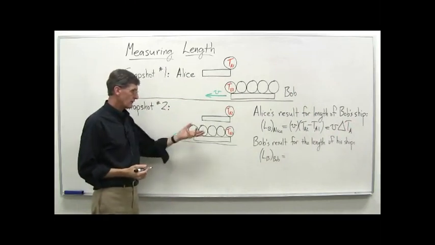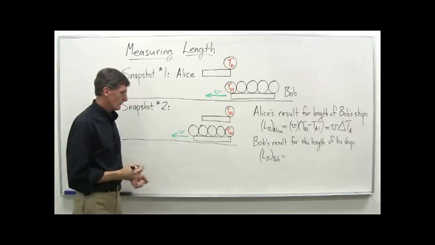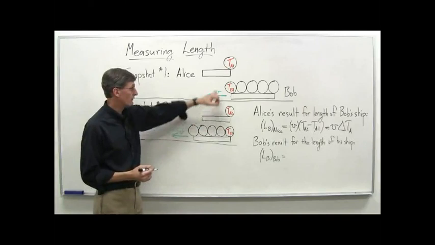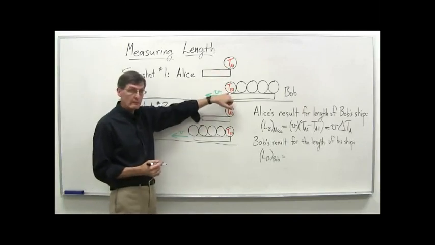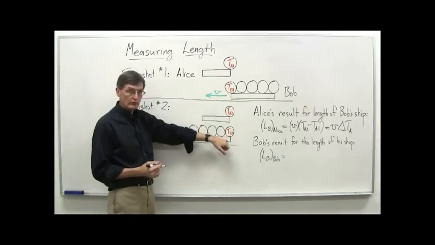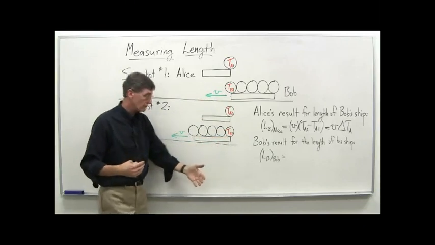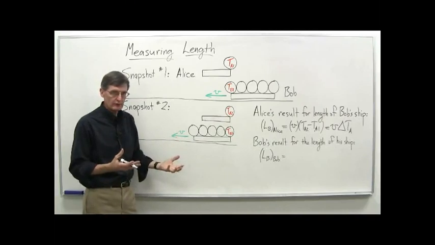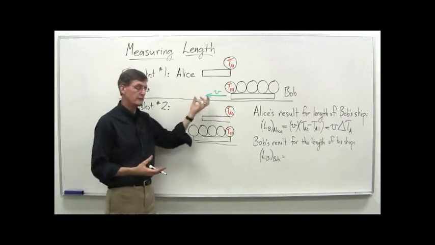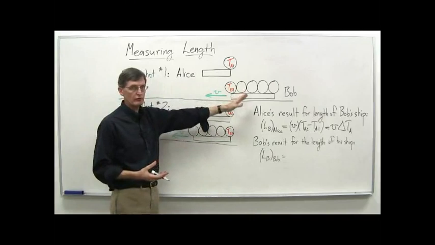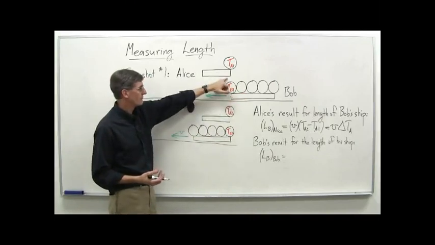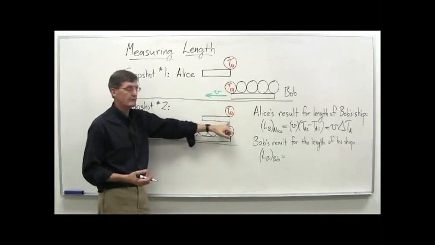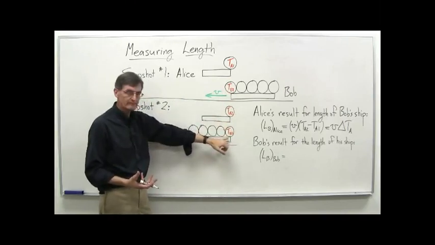And then Bob says, well, I can also get the length of my ship from our little experiment here because the photographs record TB1 and TB2. So that's my elapsed time in terms of my clocks. I know I'm going at a velocity v, or really, you could think of it from his perspective as he could imagine he's at rest and Alice is going by. So he measures when Alice is at the front of his ship, TB1, and how long it takes Alice to get to the back of his ship at TB2.